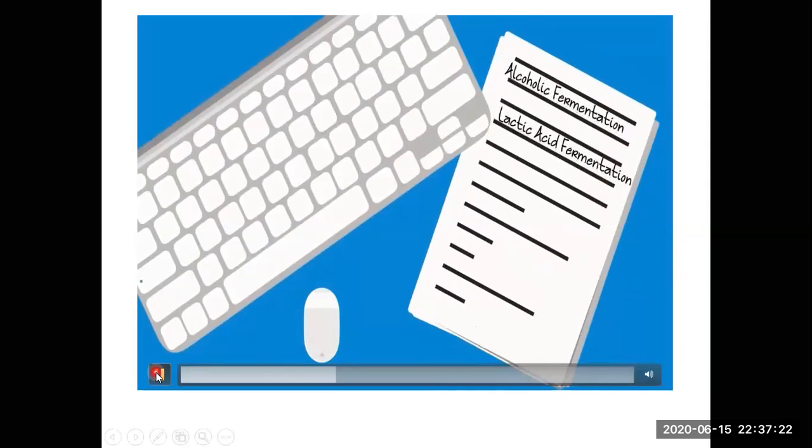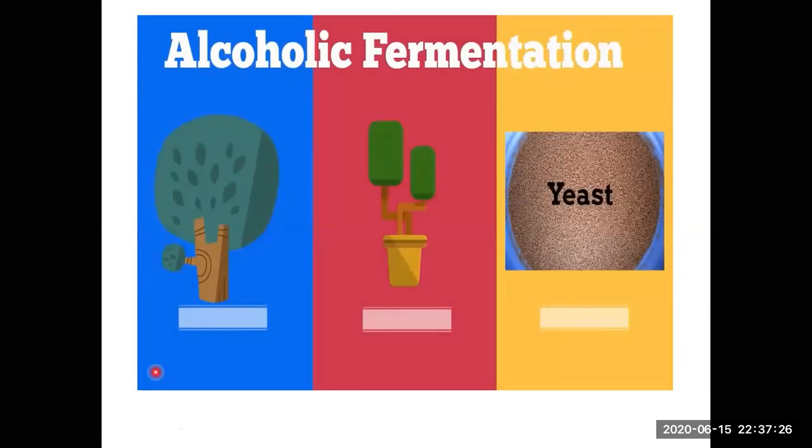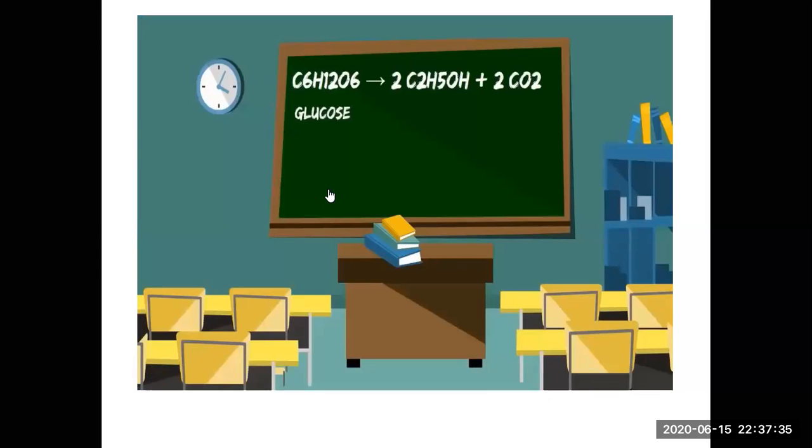Fermentation. The first type I'd like to talk about, alcoholic fermentation, occurs in plants and yeast whenever oxygen is not present. The cell takes glucose, technically pyruvic acid, and it is converted into ethanol, which is a type of alcohol, and then some carbon dioxide and energy.